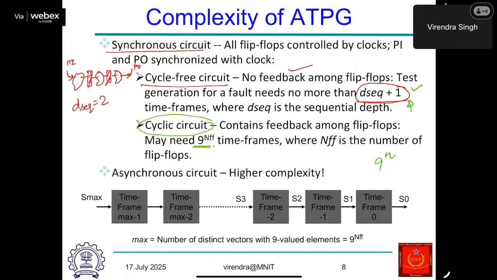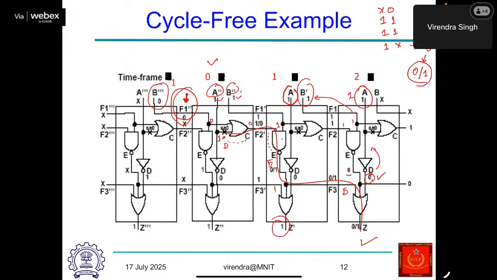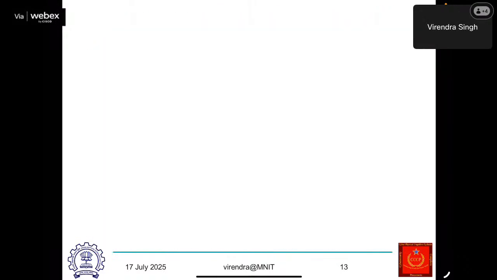That is the bigger pain. Although again I stick to my point that these are the worst case. In the average case, because there are multiple test vectors, you don't need to go to 9 raised to the power number of flip-flops. In a much smaller number of time frame expansions, you can obtain the test vector.